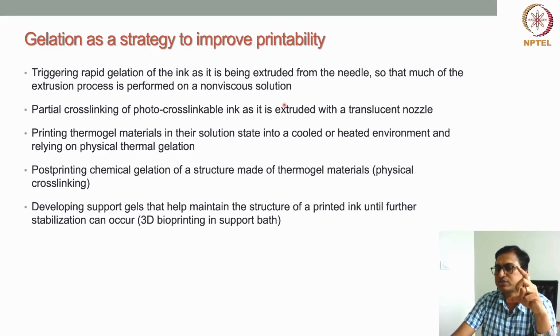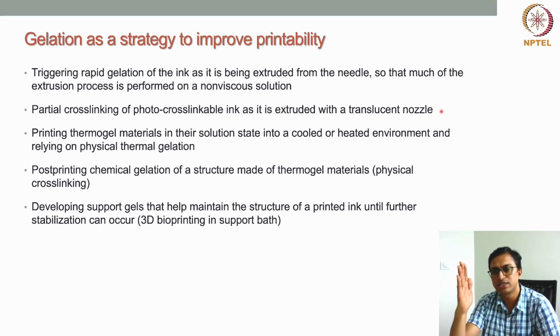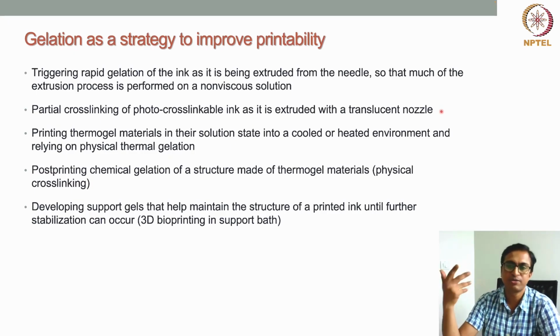Now, many times the photocrosslinking process is not very fast. It takes a few seconds. But that photocrosslinking process can be initiated when the material is inside the nozzle. In that case, the nozzle has to be translucent so that the light can pass through the nozzle and strike the material, so that the material gets the light energy and the photocrosslinking starts.